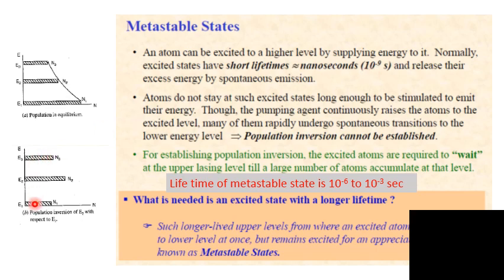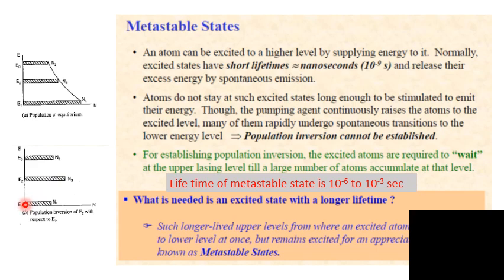So when the electrons are pumped from here to there, they will stay just for 10 to the power minus 9 seconds. After staying here, they will jump to this level. The lifetime of the metastable state is 10 to the power minus 6 to 10 to the power minus 3 seconds. So they will stay over here for a long time.